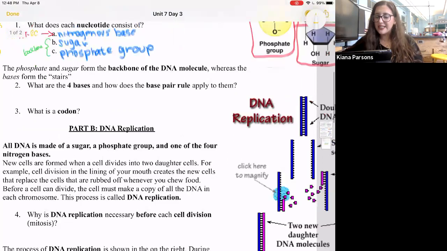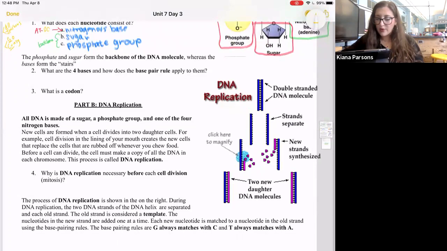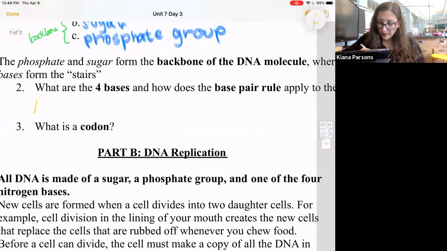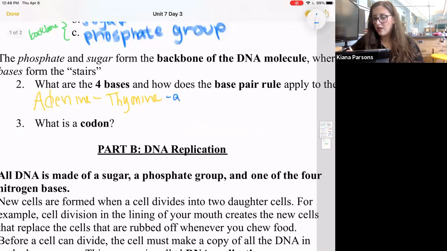What are the four bases and how does the base pair rule apply to them? So, all right, we just went through those four bases. Let's go through it again. We have adenine, thymine, and that's what the base pair rule means, is that adenine and thymine always pair together.